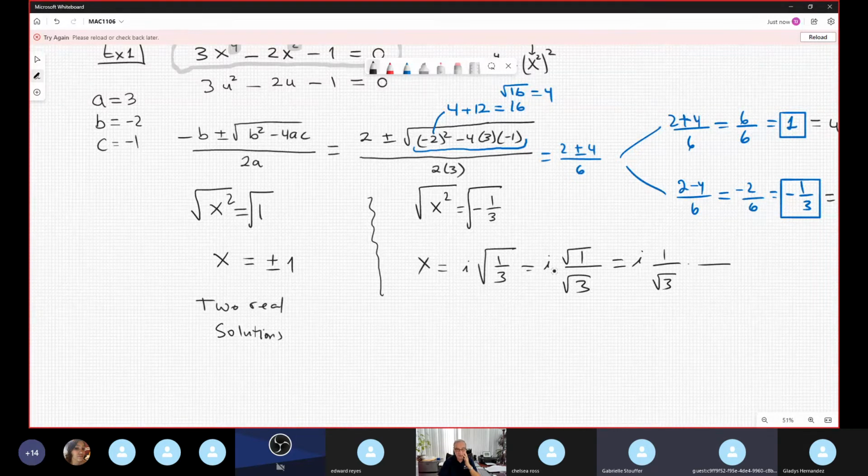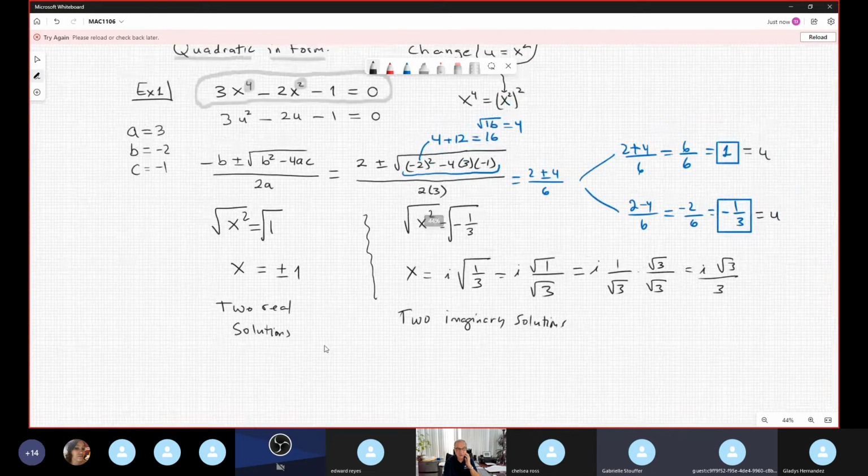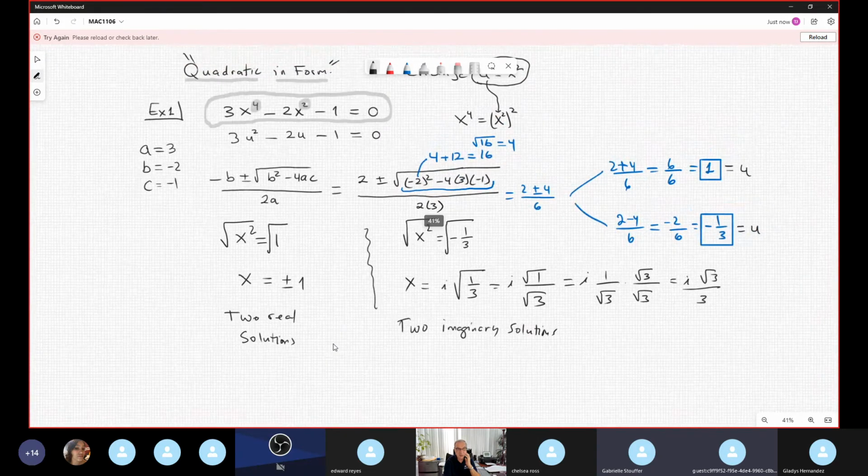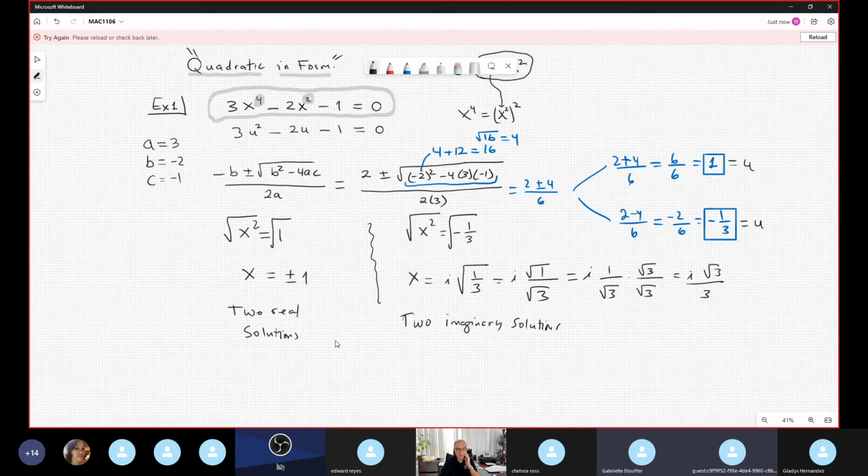And you rationalize. I suppose you remember very well rationalize, just eliminate the radical in the denominator, and this is radical 3 over 3, because 1 times radical 3 is radical 3, and radical 3 times radical 3 is 3. Wow. And we have two imaginary solutions. So what is my solution set of the original equation? It's a polynomial, but it's also quadratic form. I apply the technique of the quadratic form.